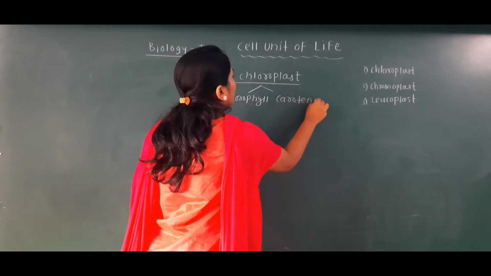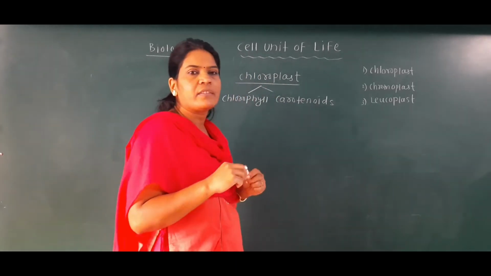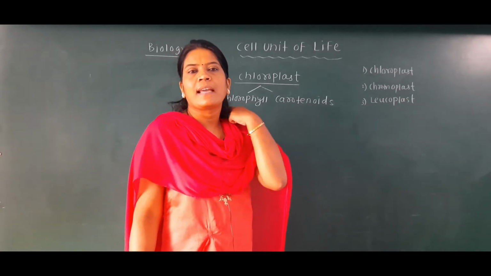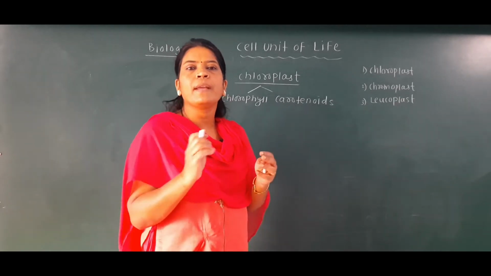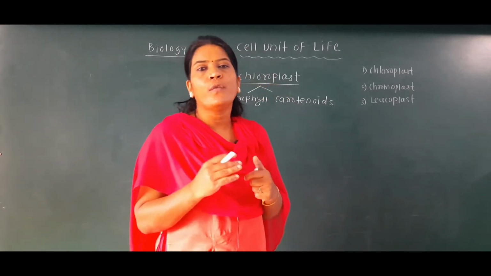Both these pigments, chlorophyll and carotenoids, are responsible for trapping the light energy, which is useful for the process of photosynthesis.